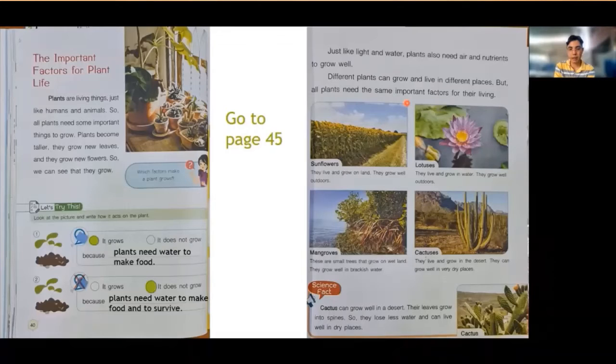And here are some examples of plants that grow. Some on land and some where? In water. Like the sunflowers, they grow on land.